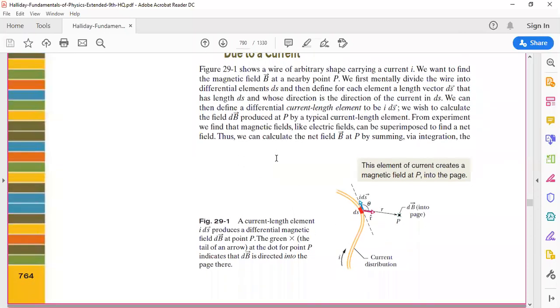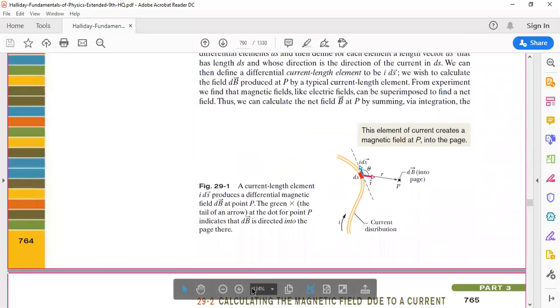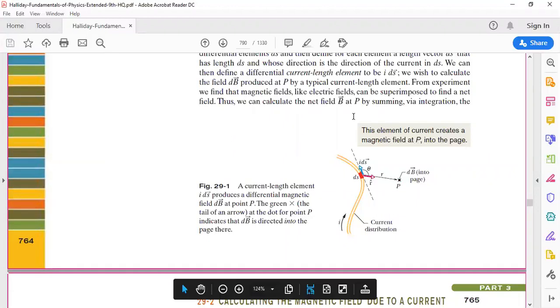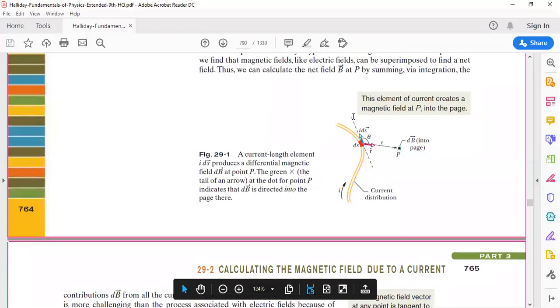In your figure, is figure 1 clear? Now you can see figure number 1.